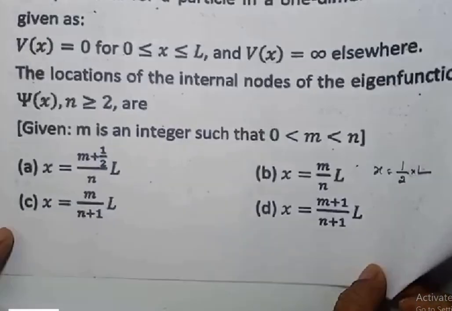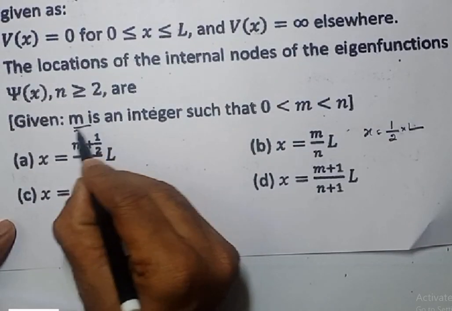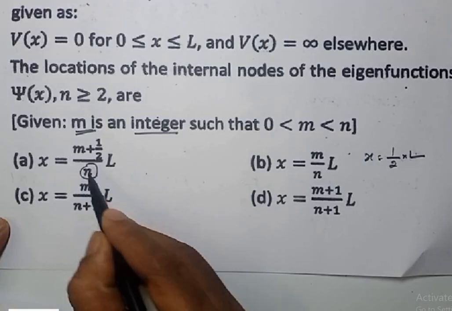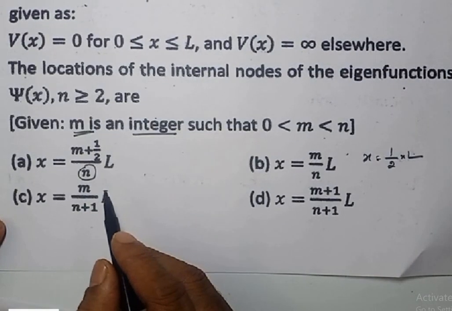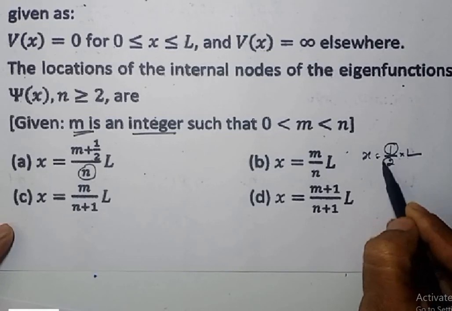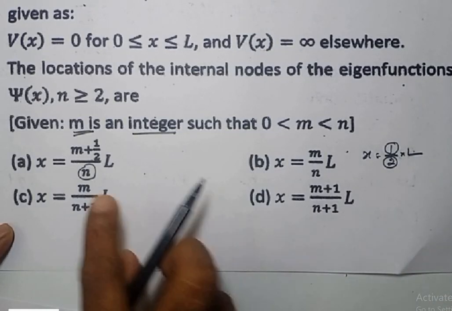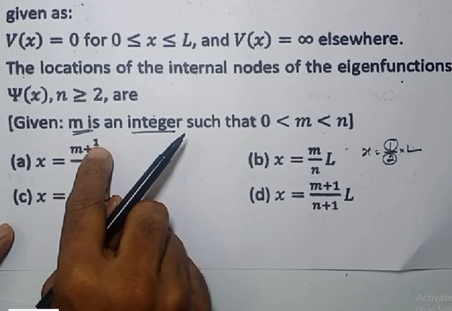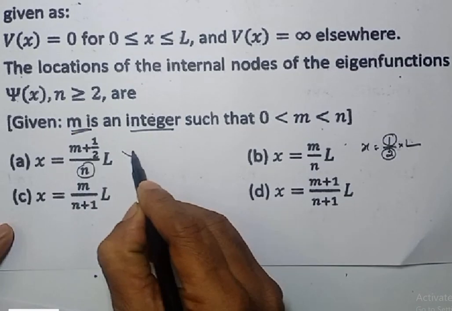Listen. m should be an integer, it's given clearly, and n is a quantum number that is also an integer. Therefore, the numerator and denominator should be integers. If you take the first option, I have m plus half, and if you take m plus 1, we'll get a fractional value. So this cannot be the answer.